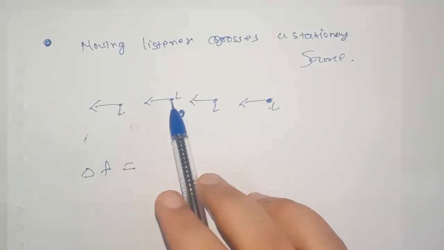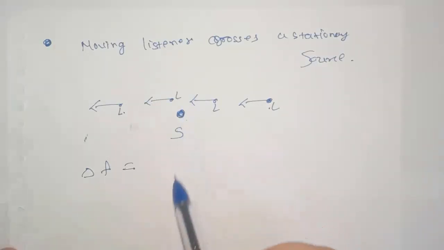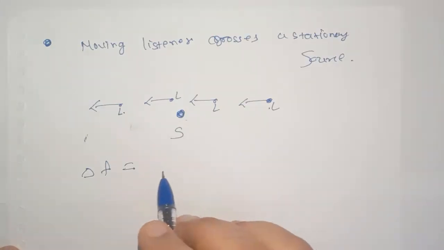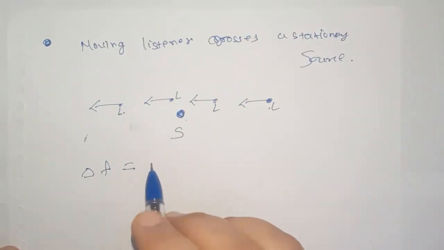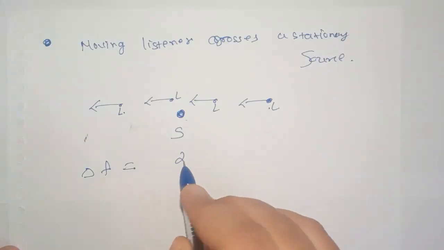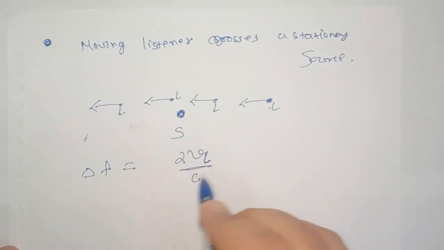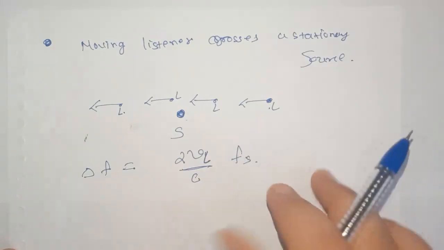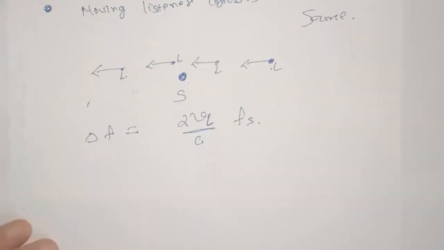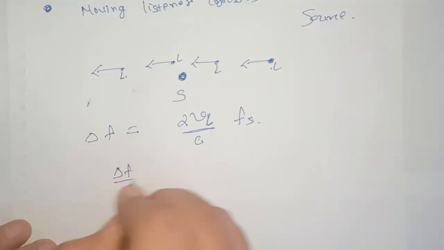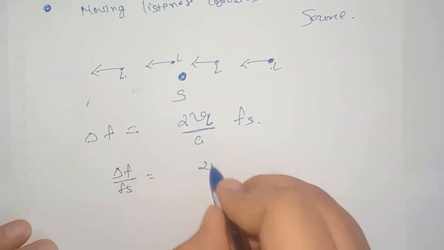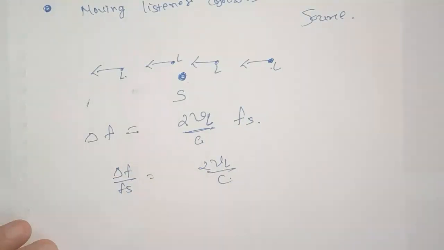So this change in frequency delta F will be 2 times velocity of listener upon c into the actual frequency. So we can write that delta F by Fs is equals to 2vl by c.